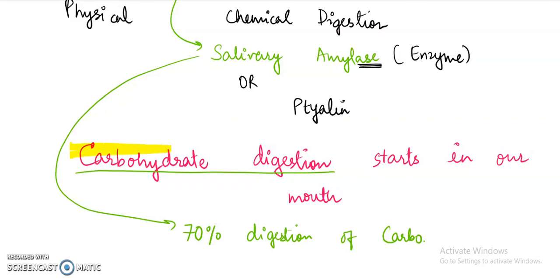The answer is carbohydrate. So this is all that happens in the mouth. We have teeth, we have tongue, we have saliva, and ultimately food passes into the esophagus. We will talk about what happens to the food in the esophagus in the upcoming video.